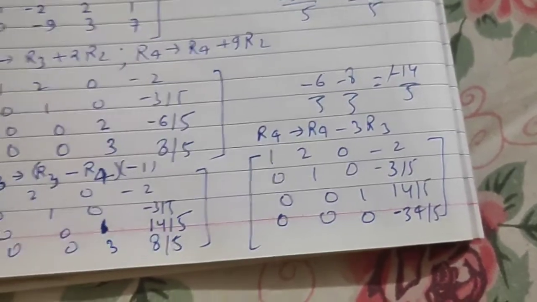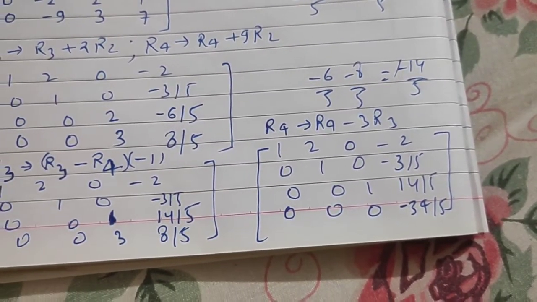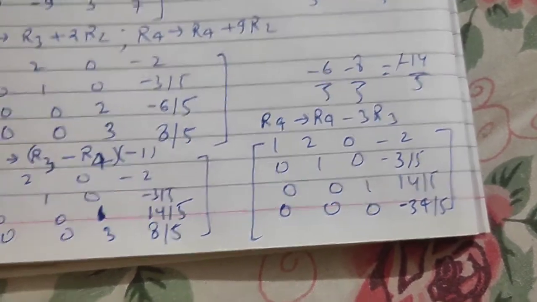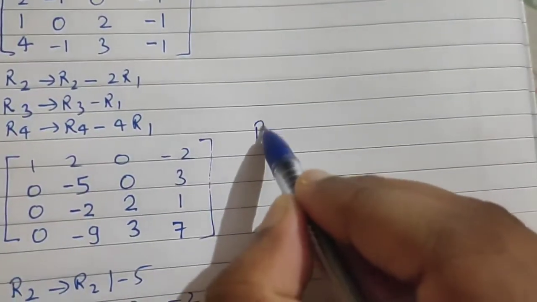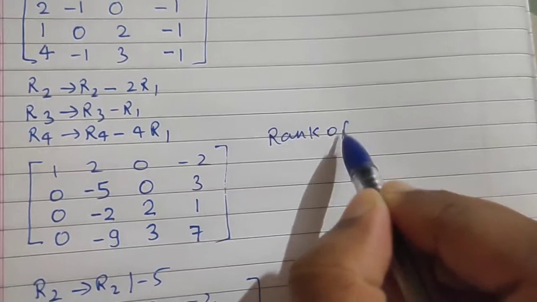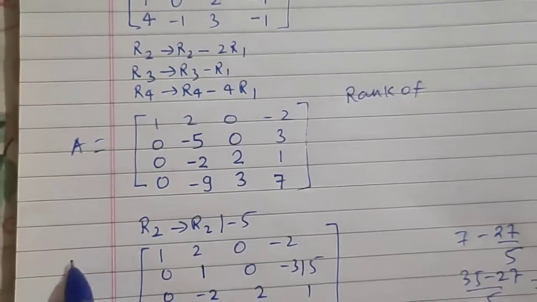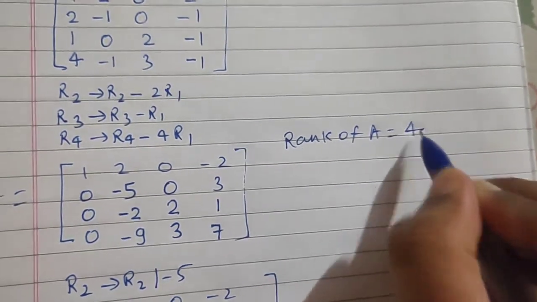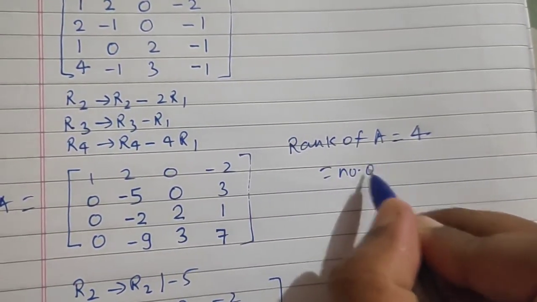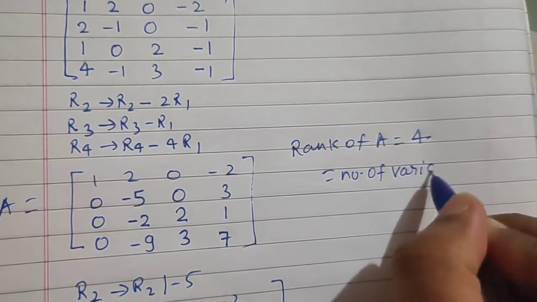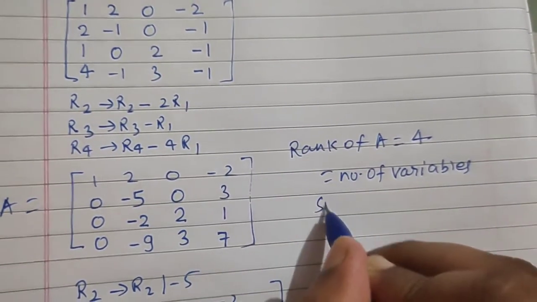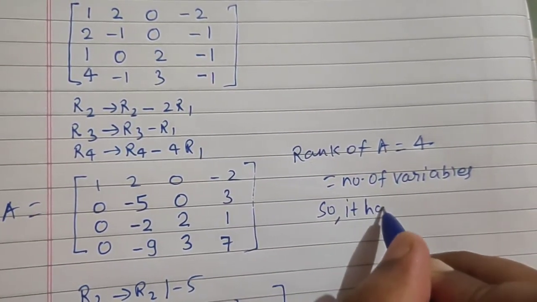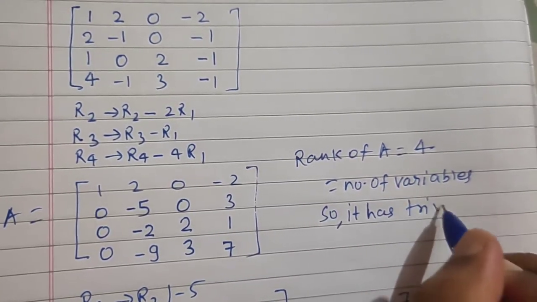Now if we look at the number of non-zero rows, it's 4. So the rank of A, let's suppose this matrix which we are simplifying is A, is 4, which is equal to the number of variables, the number of unknowns. So it has a trivial solution.